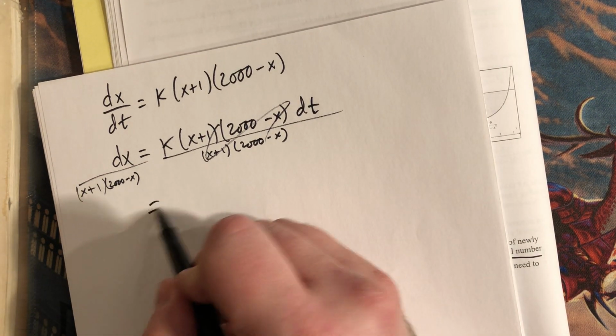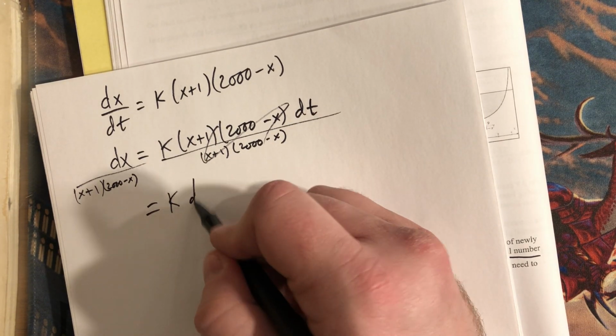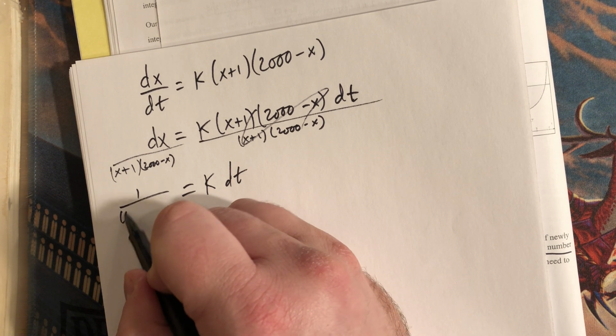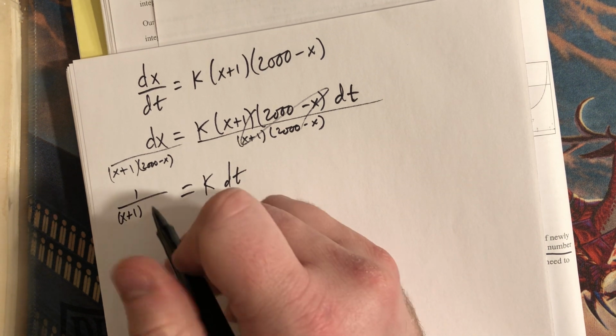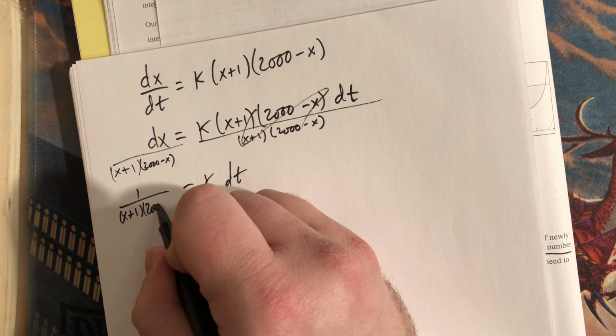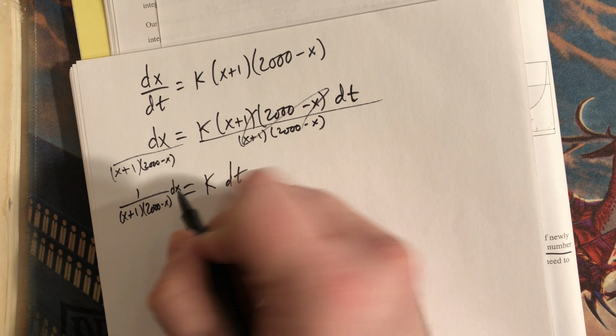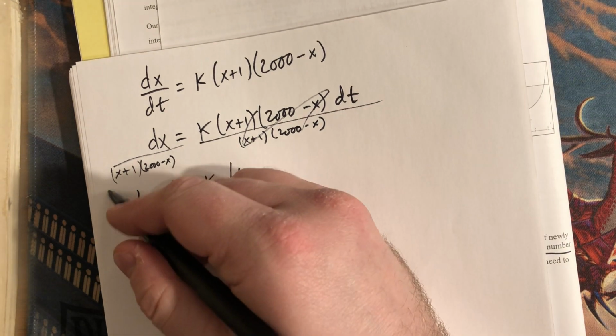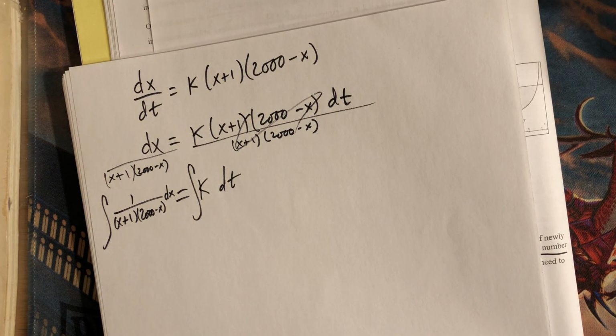Over here on the right side, we have k dt, and on the left side, we have 1 over x plus 1, 2,000 minus x dx.